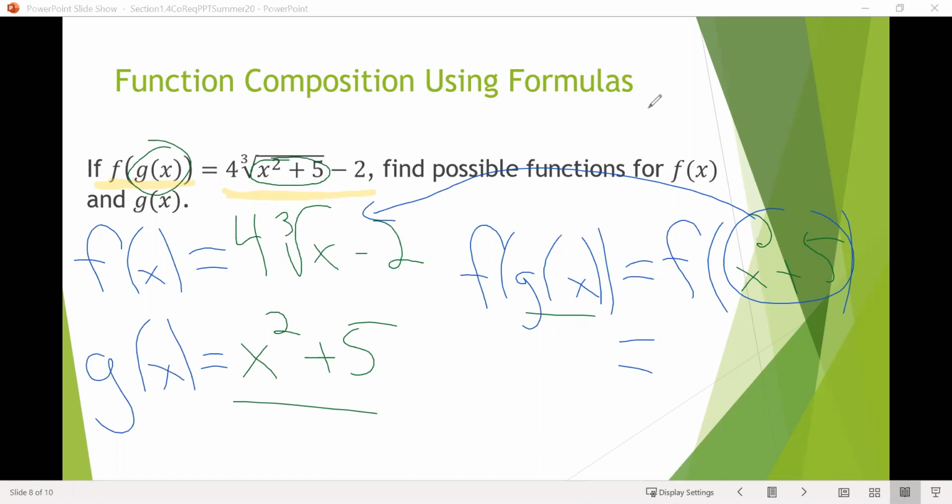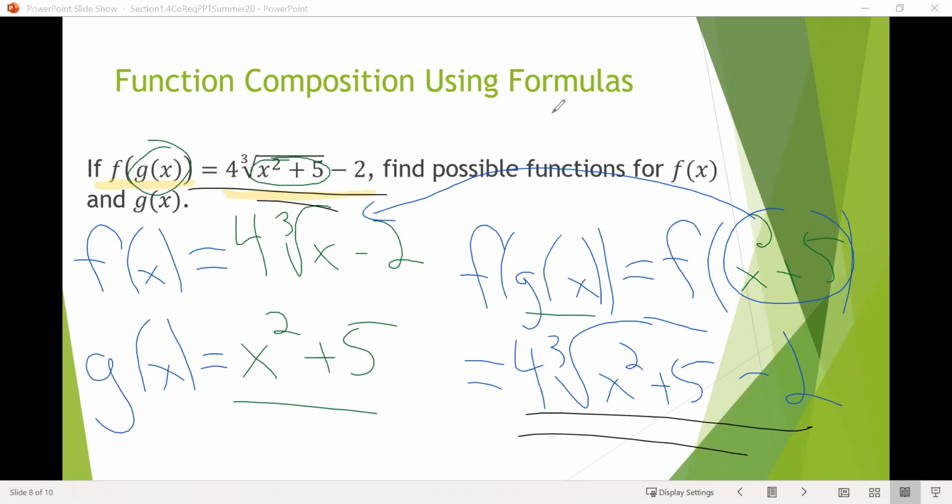So that would give us 4 times the cubed root of x squared plus 5 minus 2, which is in fact what we started with, right? So this up here. So that tells us that these two were good choices for what f and g could be.